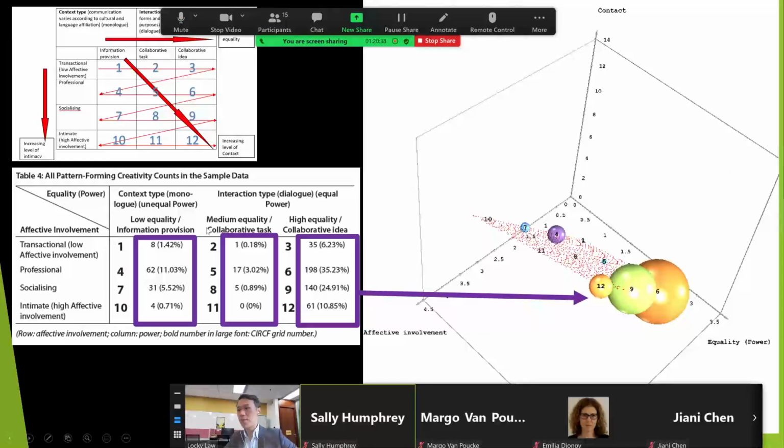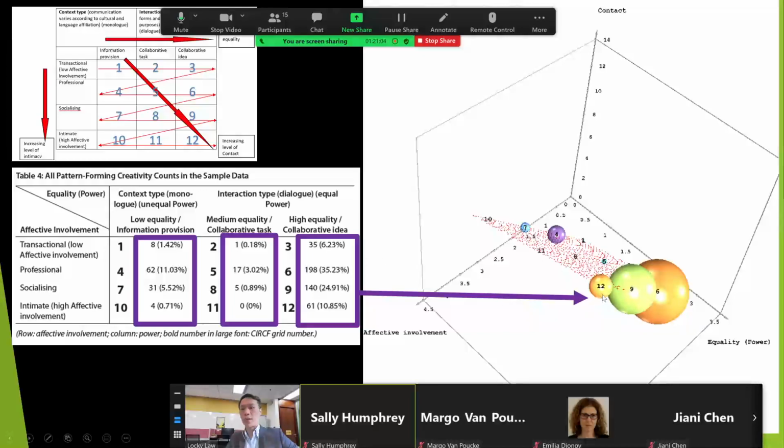For this one, we have used dimension reduction, because now we put all these numbers into the grid. So we have grid number 1 to grid number 12, and they all have their existing percentages, which represent how often in my corpus they appear to be creative.